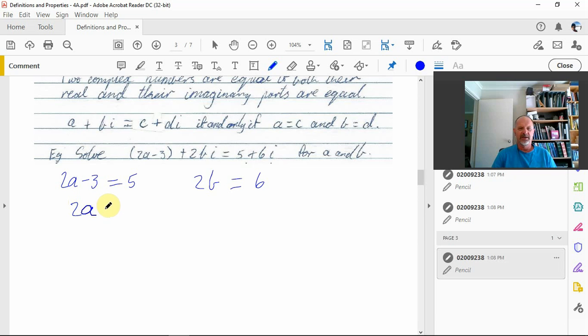So 2a is 8, a has to be 4, and over here b would have to be 3. So the only time that those two things would be equal is when a is 4 and b is 3. Any other values, they cannot be equal.